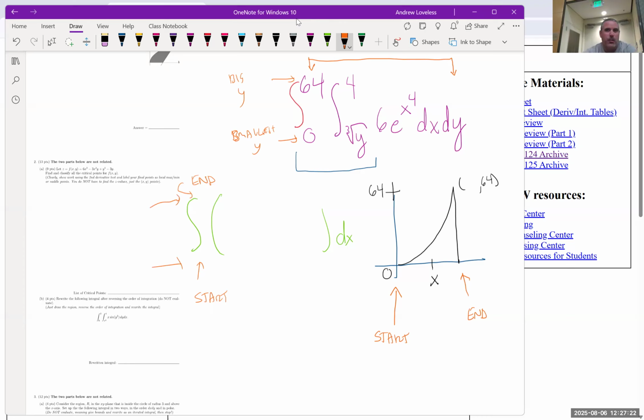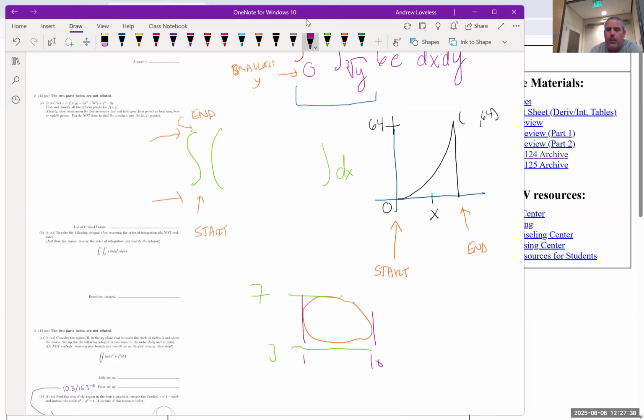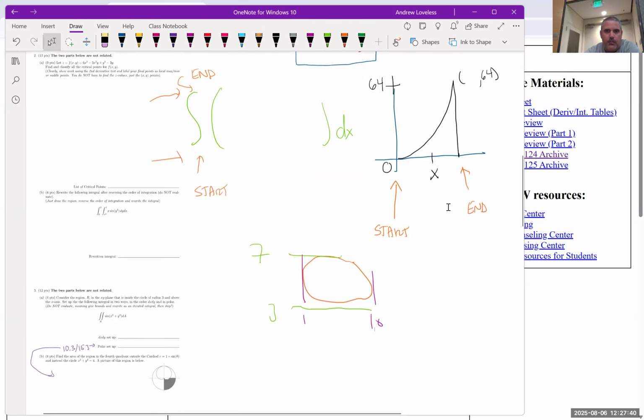So big picture, you don't really have to know that much about the functions. If you have just a blob, and the blob is between y equals, say, 3 and 7, and between x equals 1 and 10, then we already know the outer bounds.